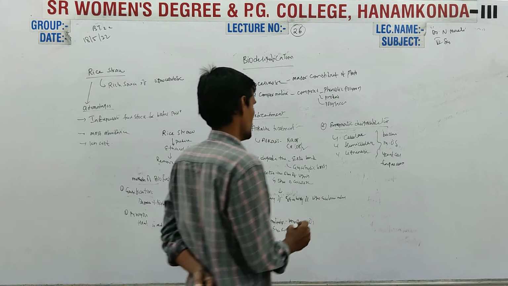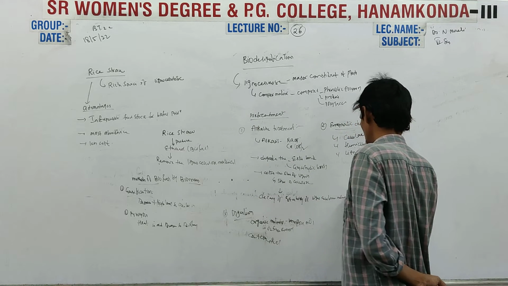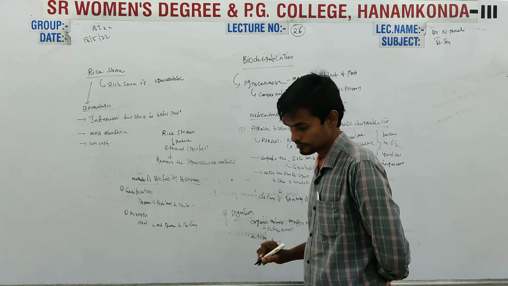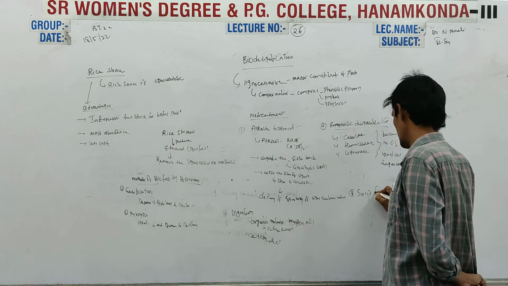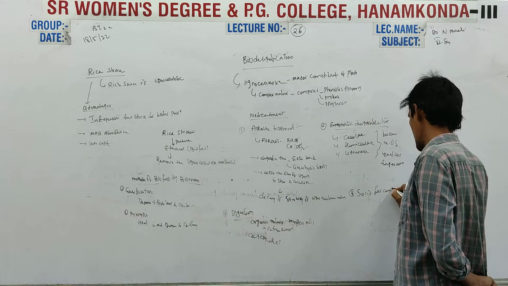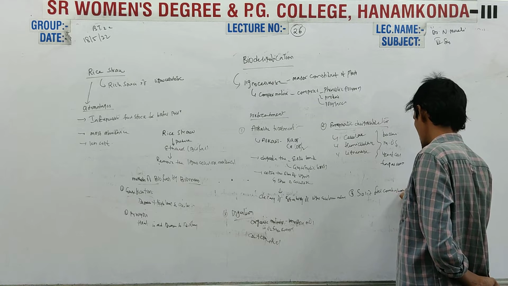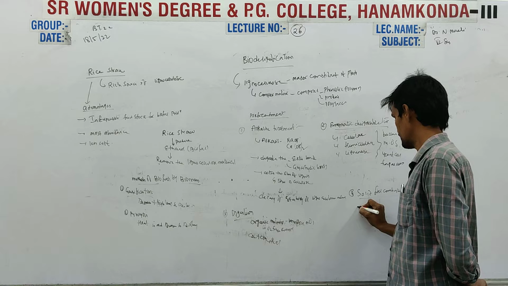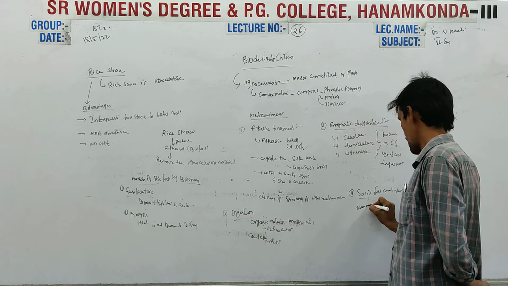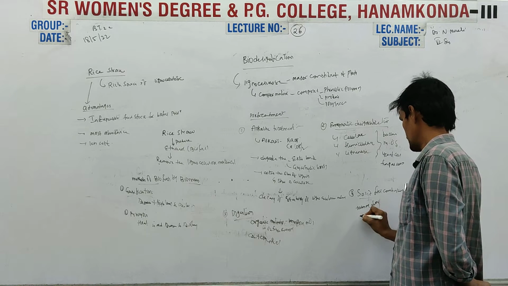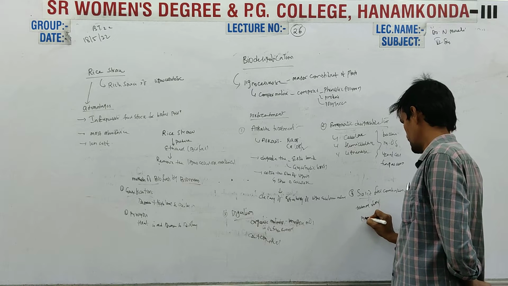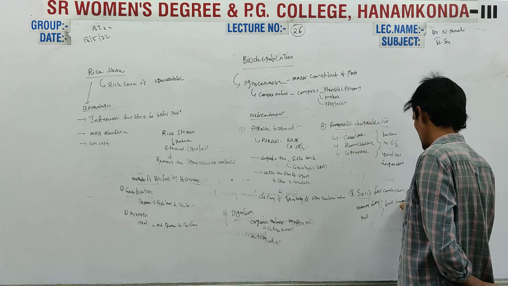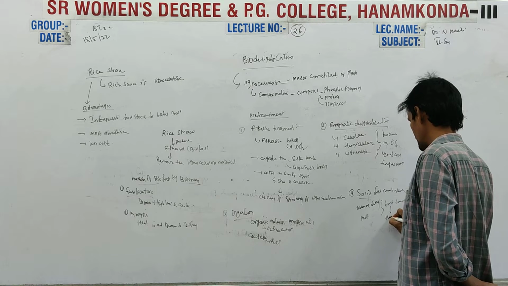Next, the fourth one is solid fuel combustion. In this, certain material like animal dung and peat are burnt directly to produce heat.